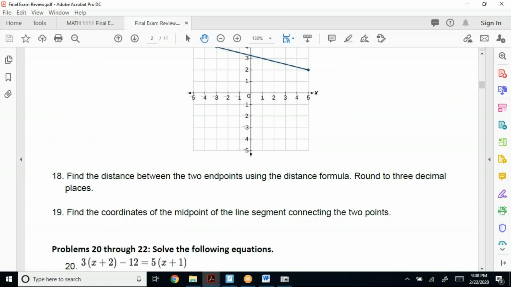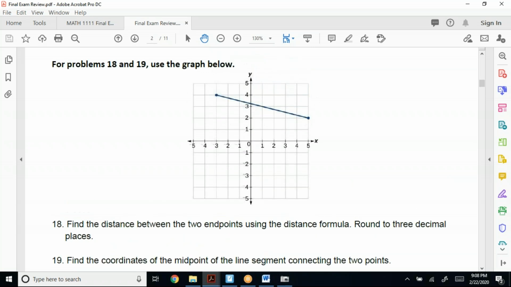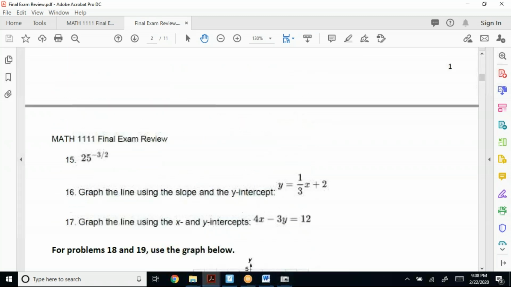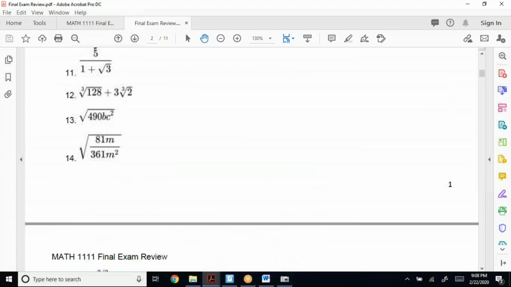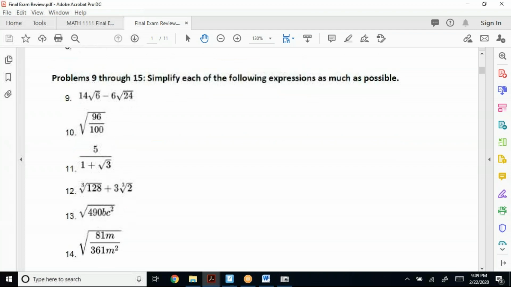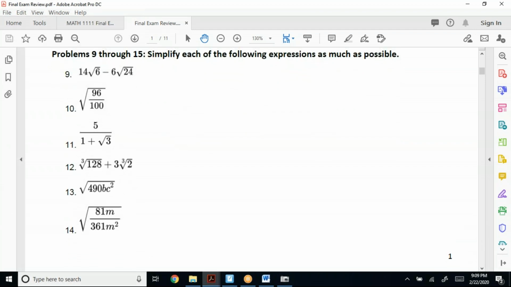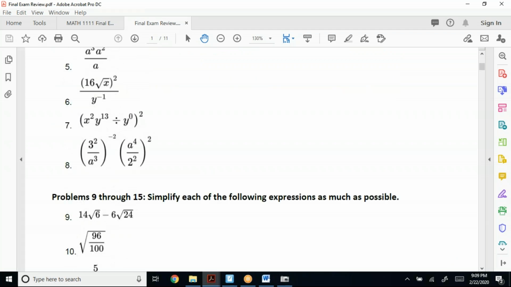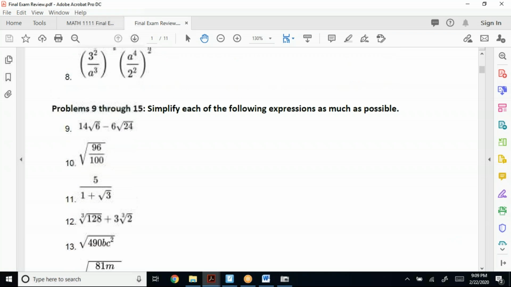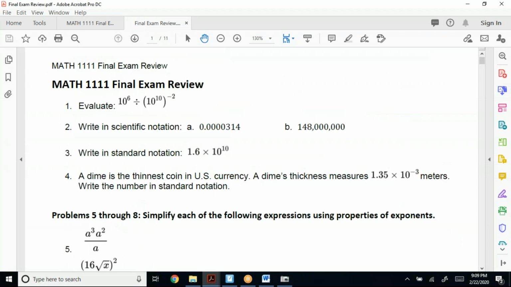18, of course, 19's midpoint, right? 18's distance. And of course, the distance formula is on there, right? Something like 15, all of that. Yeah, 9, 10, 11, 12 through 14 is not a bad thing just to brush up on, especially 13, 14, and 10 for radicals, just simplifying radicals. Properties of exponents.